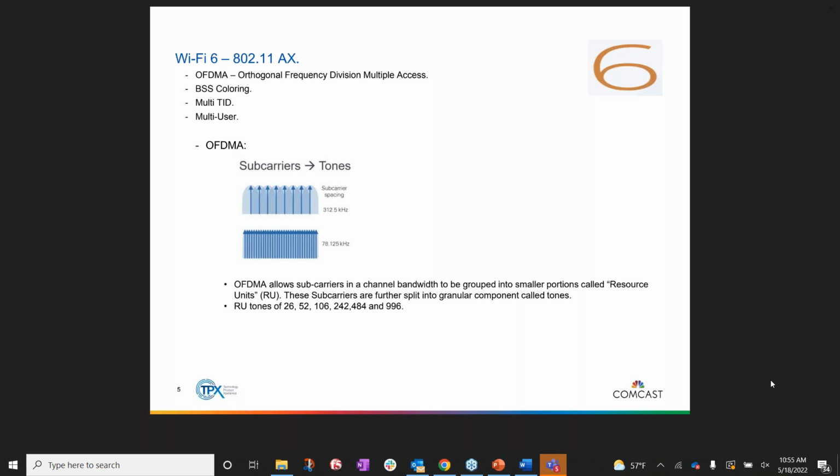So these tones can be distributed in types of sizes, that is 26, 52, 106, and 242, 484, 996. Depending on the need of the client, AP has flexibility in choosing what resource to assign to the client.